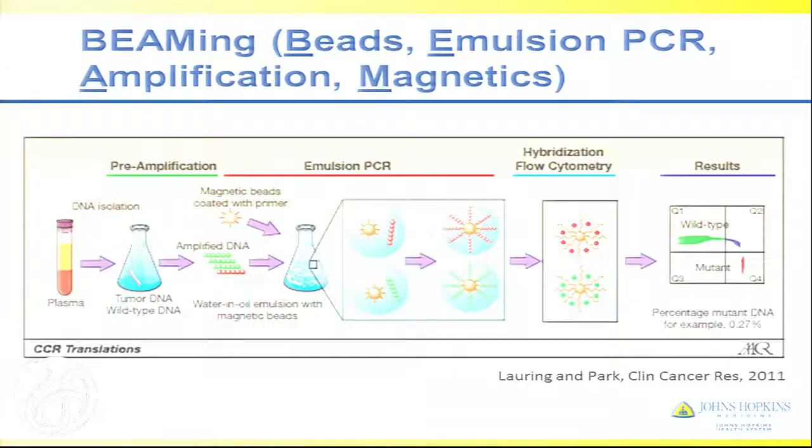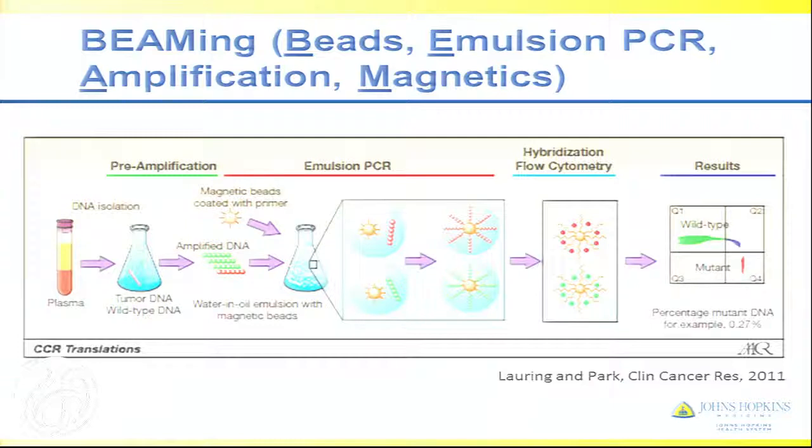So one example I wanted to give, which was one of the earlier methods that had been published, is the so-called beaming. Beaming stands for Beads, Emulsion, PCR, Amplification, and Magnetics. And I'm going to walk you through this busy slide from left to right. On the left side, you have the patient sample.